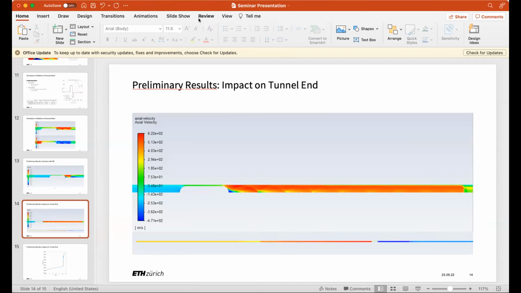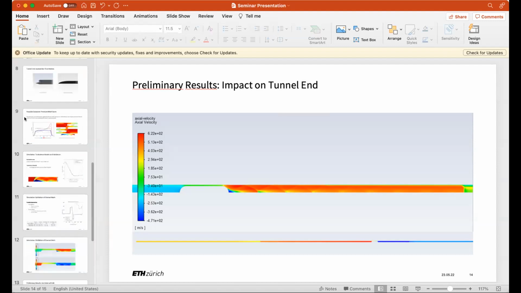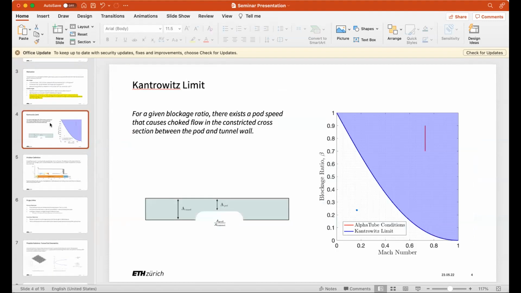Second question, what is the optimal blockage ratio for 1 millibar regarding the shock waves? Well, if you were to look at just the blockage ratio, then the optimum blockage ratio would be anything below the Kantrowitz limit.